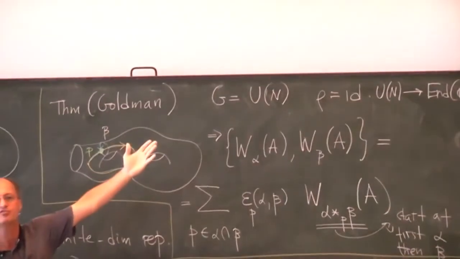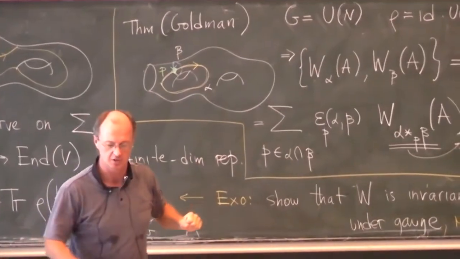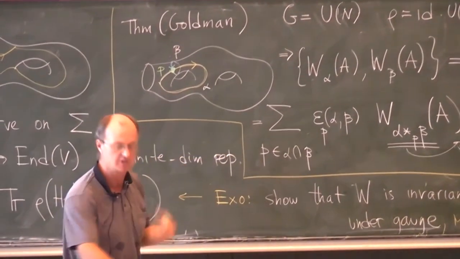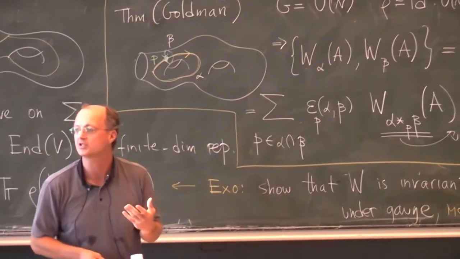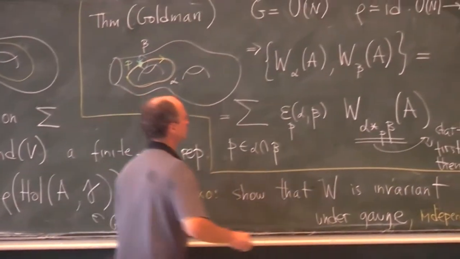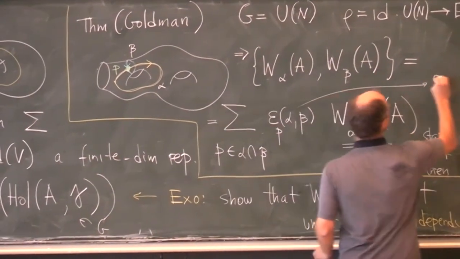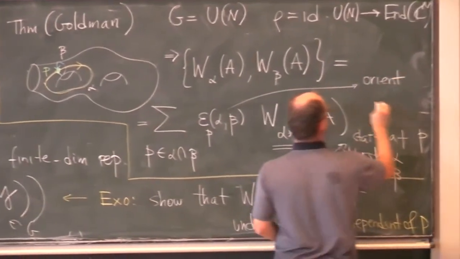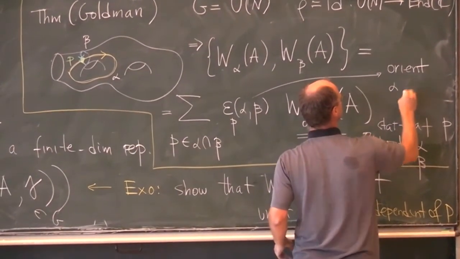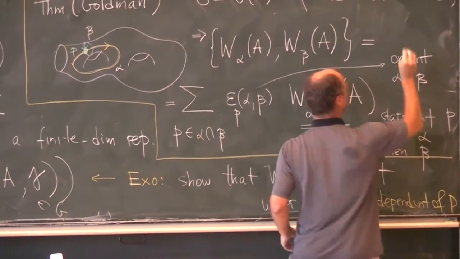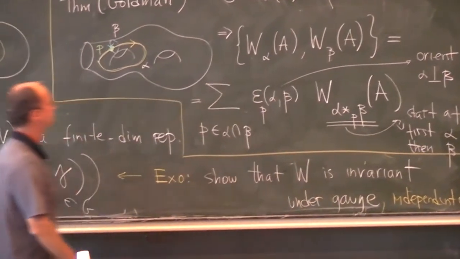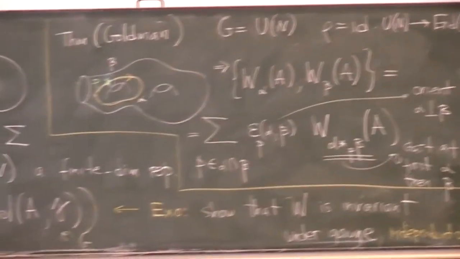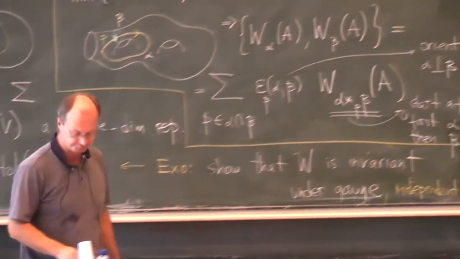But we already have a fixed orientation on the surface. So this sign epsilon is a comparison of these two orientations, the orientation of alpha intersection beta. So this is a very beautiful formula.